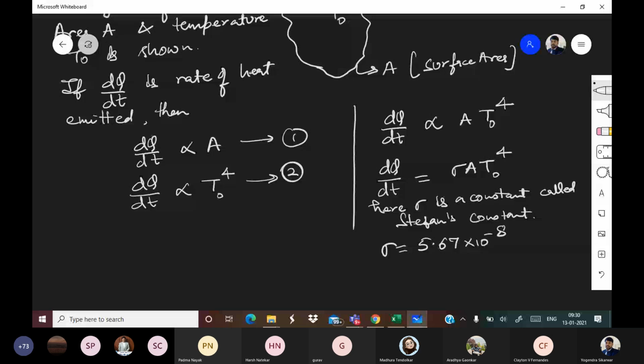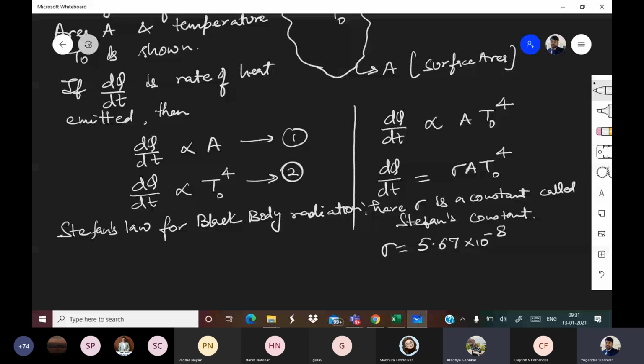So what exactly does this law say? This is the law for black body radiation, or Stephen's law for black body radiation.